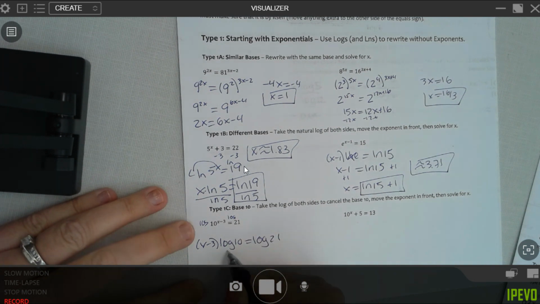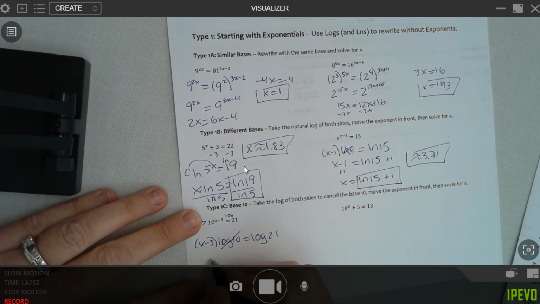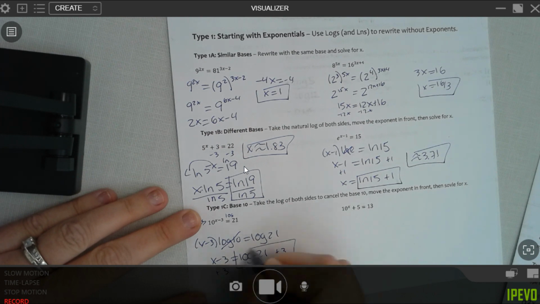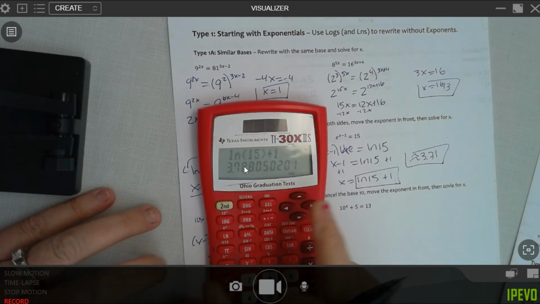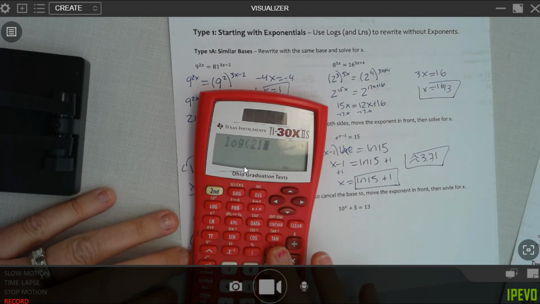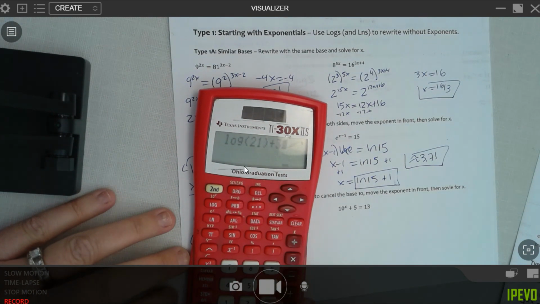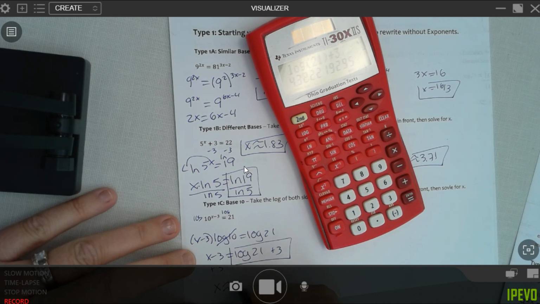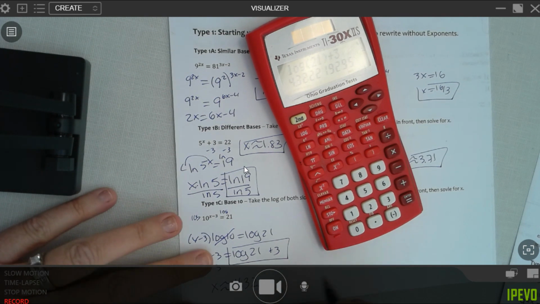And log 10 is 1. So then you just have x minus 3 equals log 21, and add your 3. Remember, do not add it to the log. So if you wanted a decimal answer, we put that. Make sure you close your parenthesis, and then add my 3. So 4.32. So x is approximately 4.32.